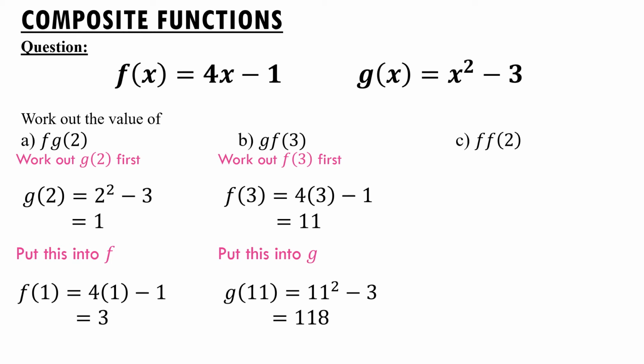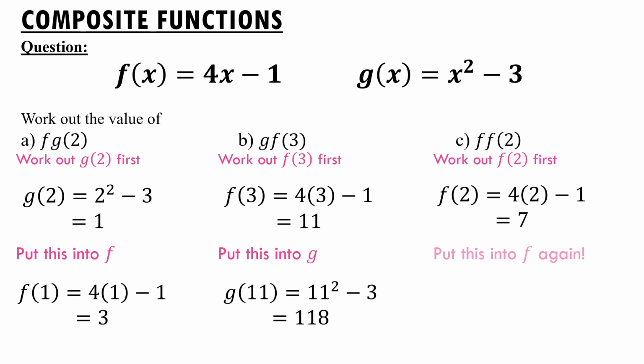Now for C, we've actually got the f function twice. So the first thing we're going to do is the inner f function, which is f2. So we're going to do 4 times 2, take away 1, which is 7. Now that's going to be our new x value that goes into our f function, so we're putting that into f again.